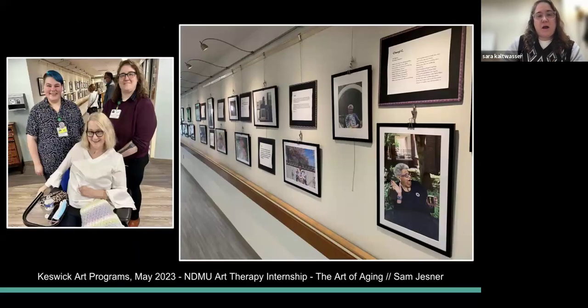And it inspired artist Sam Jessner to make the Art of Aging wall that we installed in the summer of 2023. This was a campus-wide project. Staff participated, residents participated, and community health members participated, and they shared their thoughts about aging or just shared stories from their life around how they have moved through their lived experience.